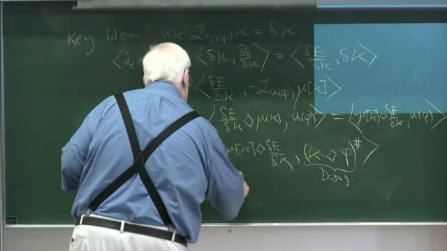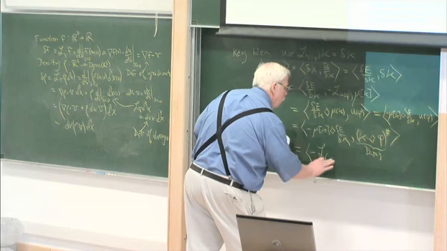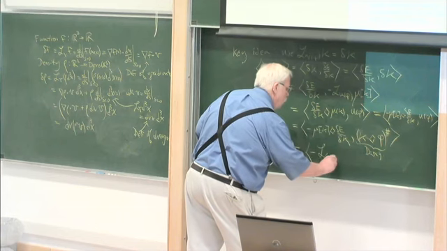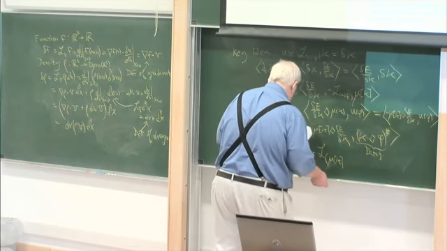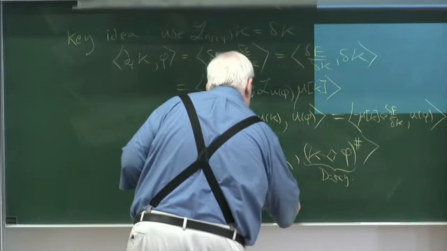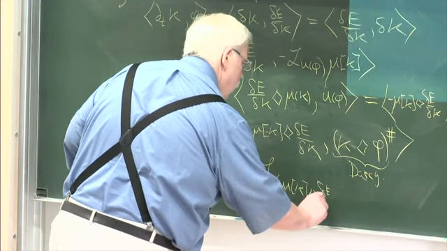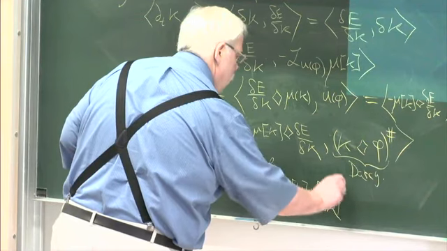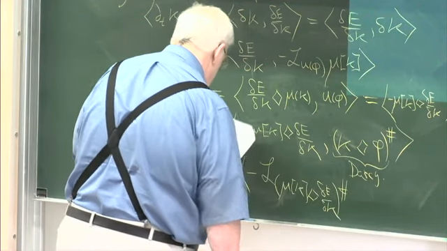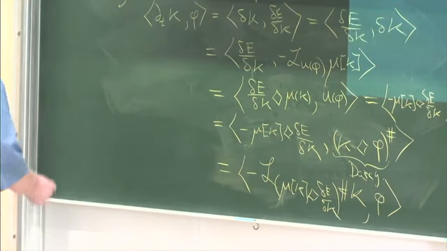And we'll have minus Lie derivative with respect to mu of kappa diamond d kappa sharp, to make it into a vector field, acting on kappa paired with phi.